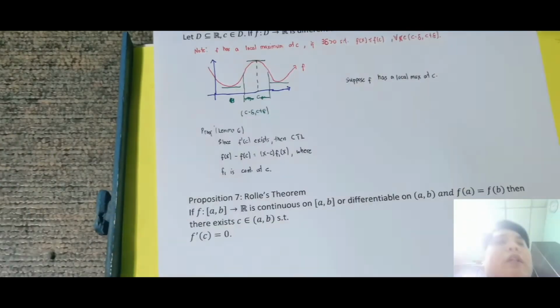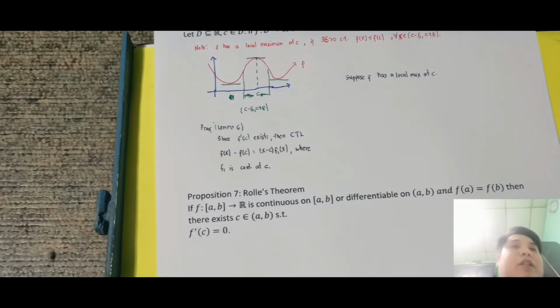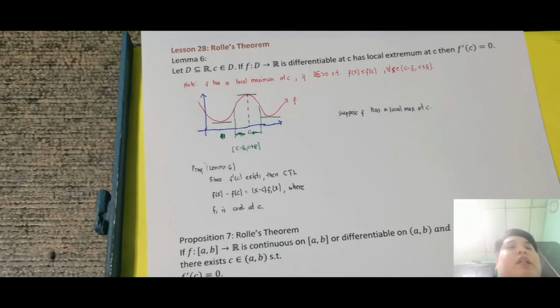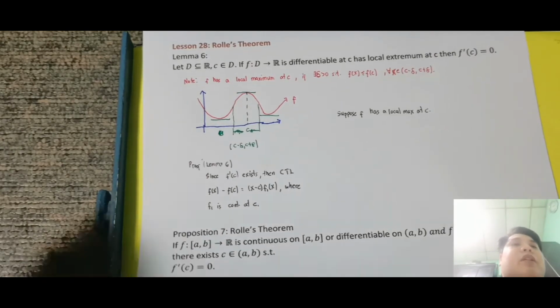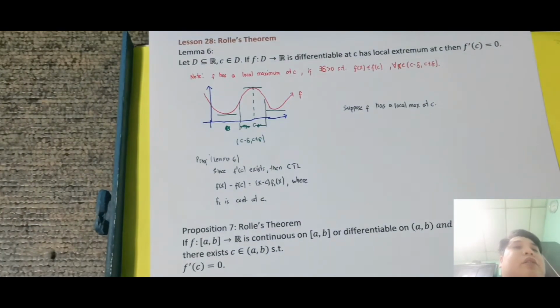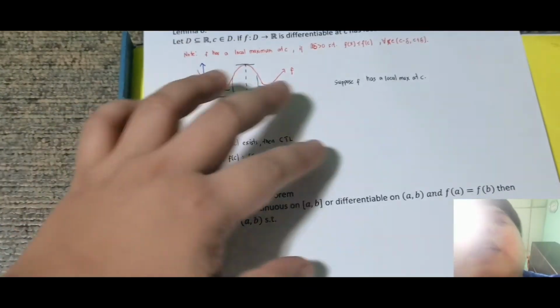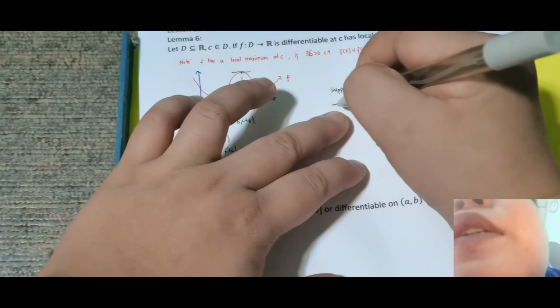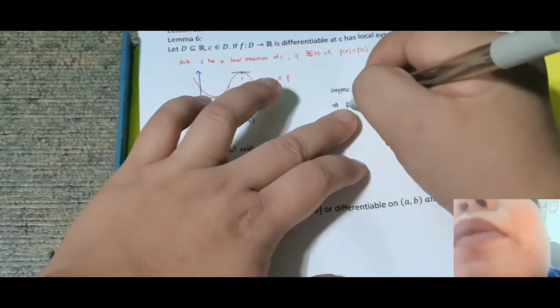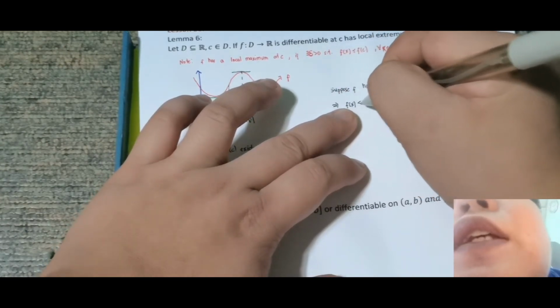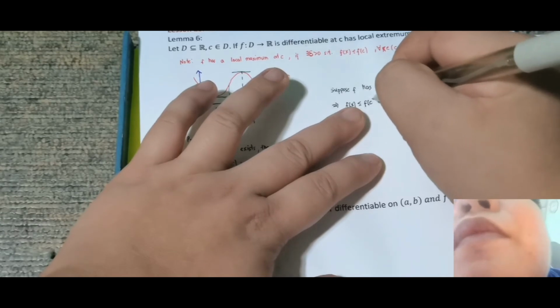Okay, so kumbaga, what if, kung differentiable ako at c, so suppose na siya ay may local maximum at c. So again, iba siya kay local extremum. Okay, so kay local maximum, ito lang yung pwede mangyari. Okay, so since f has a local maximum at c, mangyayari to. Then, this implies that f of x is less than f of c.